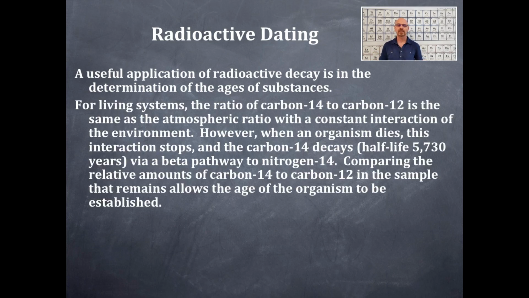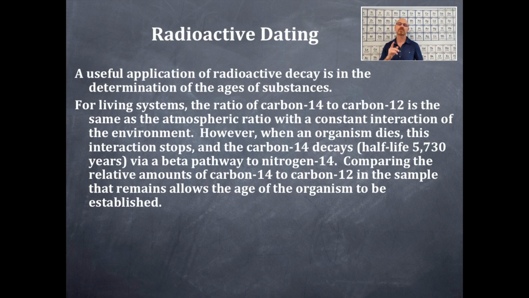For living systems, the ratio of carbon-14 to carbon-12 is the same as the atmospheric ratio, because there's a constant interaction and exchange with the environment. However, when that organism dies, whether it's a woolly mammoth or a tree, this interaction stops. And the carbon-14 starts decaying.